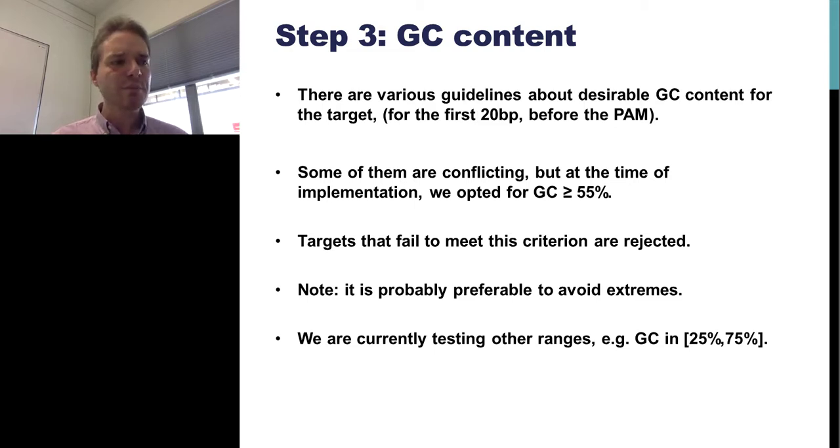In practice, when we look at the results, it looks like targets that would have an extreme GC content, even if based on the criterion we use here they pass that step, they would usually fail somewhere else, either because they end up having partial matches somewhere else, or because they have a very poor secondary structure, or things like that.